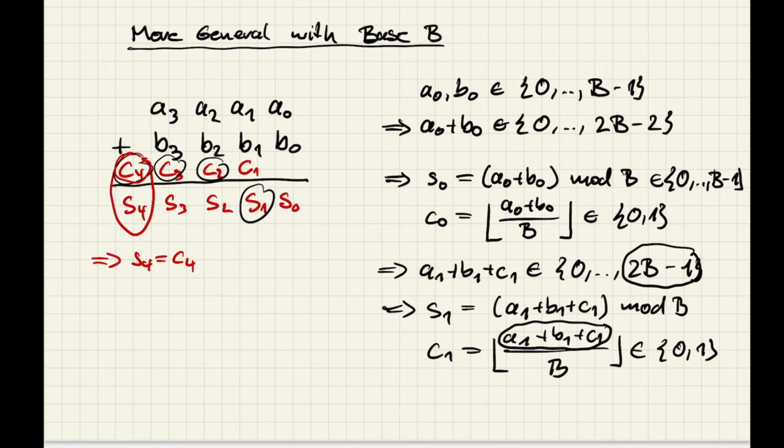Yeah? And now we can think about what kind of subproblems we need to solve in order to build a 4-bit adder. Well, we first of all have to know how to add 2 bits, and then in general, and that will be the second step, how to add 3 bits, because we will use the base 2.